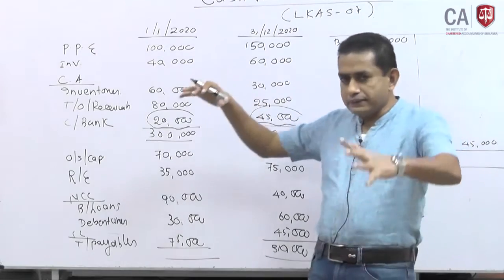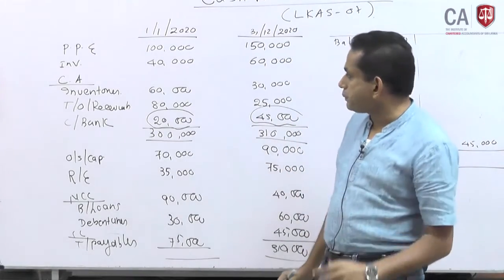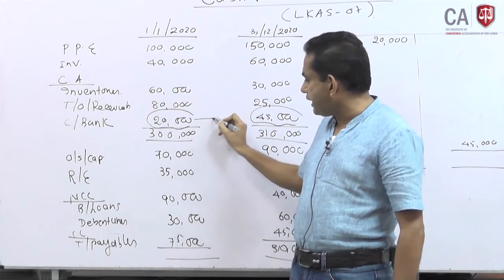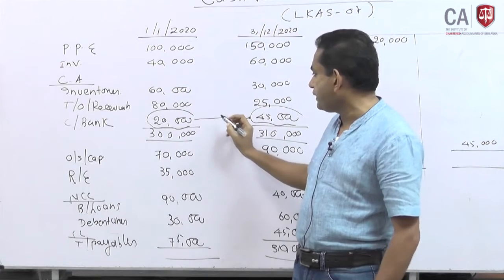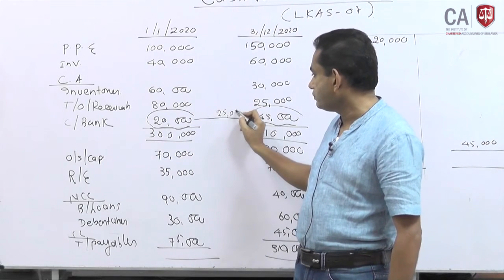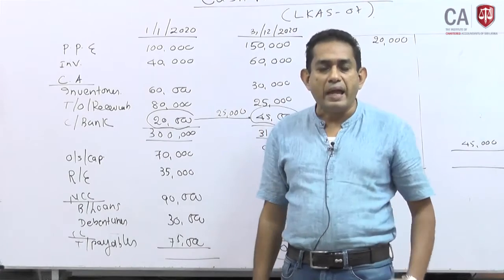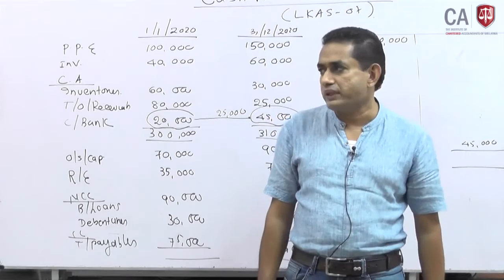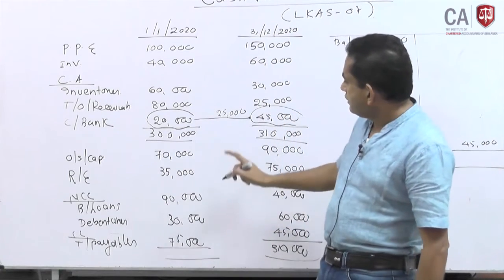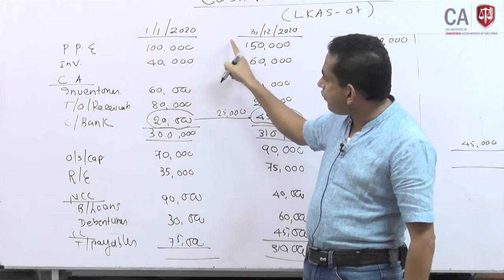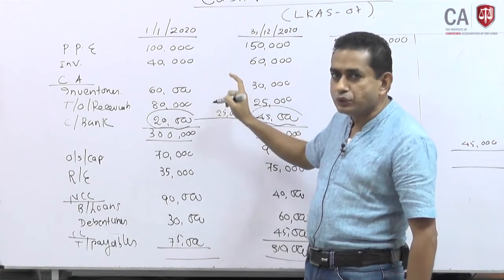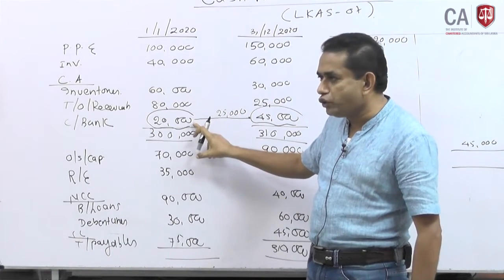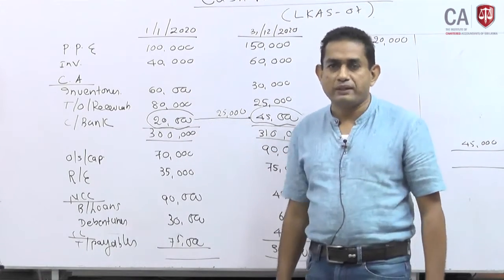And you can turn these two balance sheets upside down. The opening cash balance and the closing cash balance differ from each other by 25,000. If you simply apply a mathematical approach to prepare the cash flow statement, the differences of all the other figures in these two balance sheets should be equal to the difference between the opening cash balance and the closing cash balance.